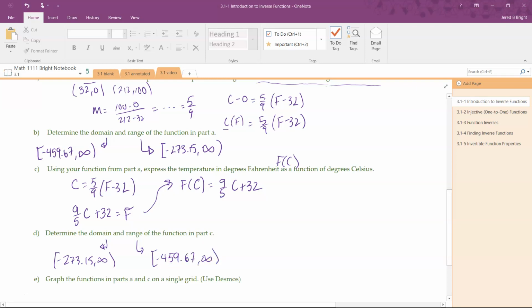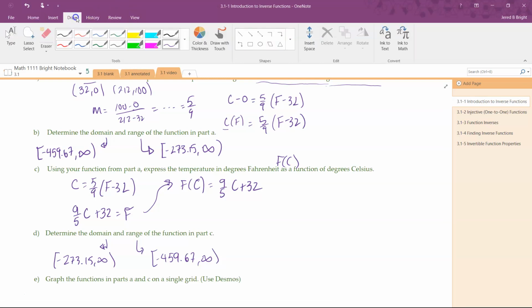Something interesting to point out is that what was the domain for one function ended up being the range for the second function, and vice versa. The range became the domain.